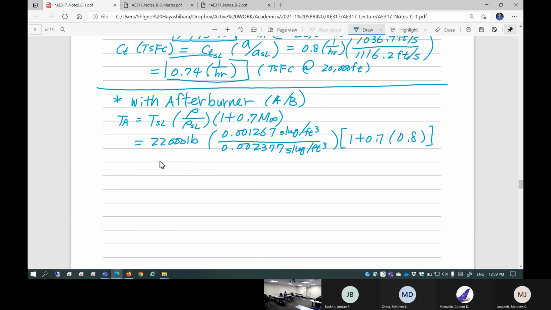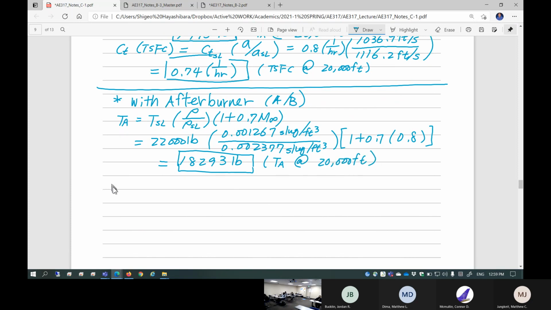This is going to give you, with afterburner on, only 18,293 pounds at 20,000 feet. This is the thrust available with afterburner on at 20,000 feet altitude.